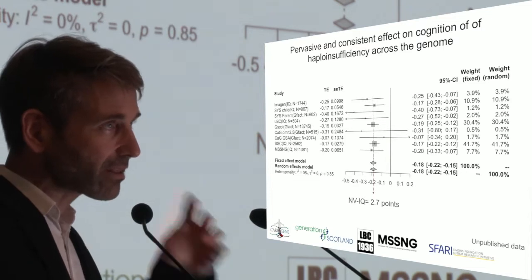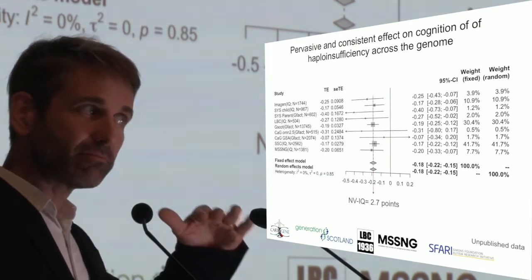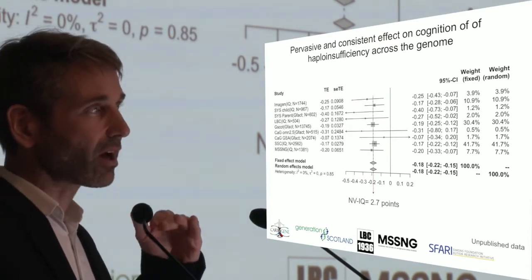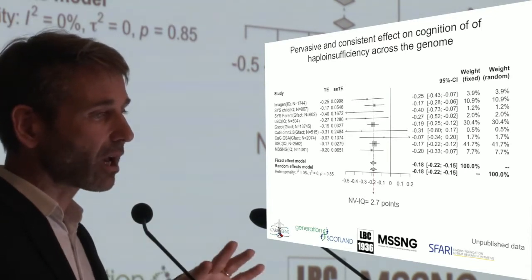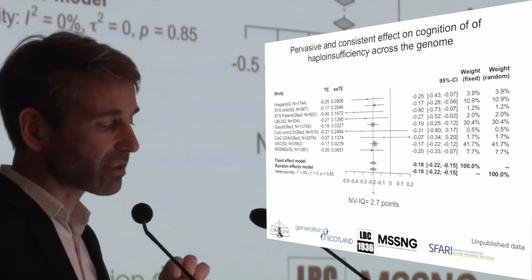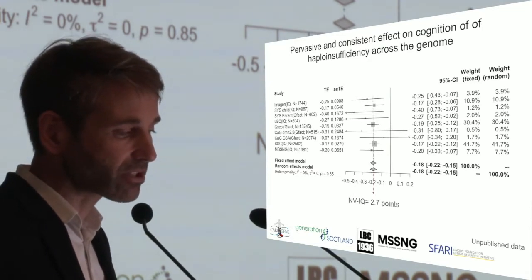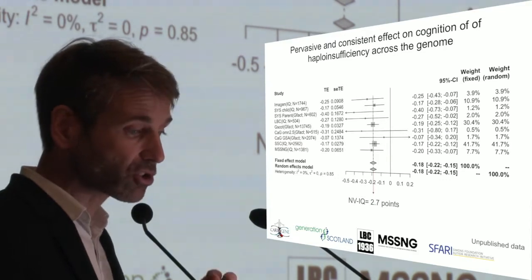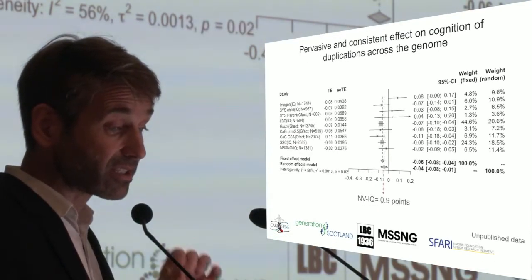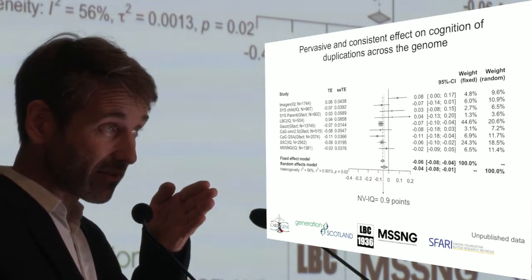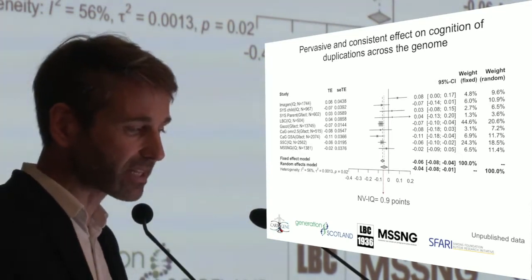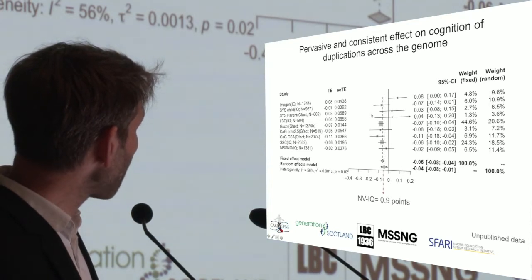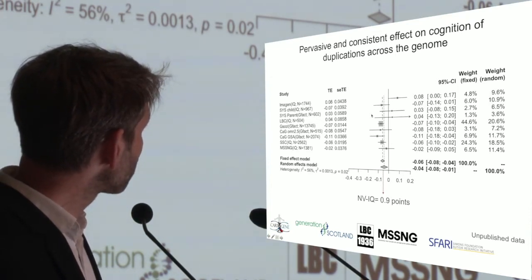So again, there's this very intriguing effect of a genome-wide principle of deletion and the effect of haploinsufficiency on general intelligence. Everywhere we look so far, we haven't been able to show a different effect, and the effect size is extremely stable.